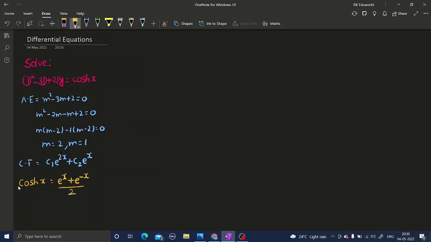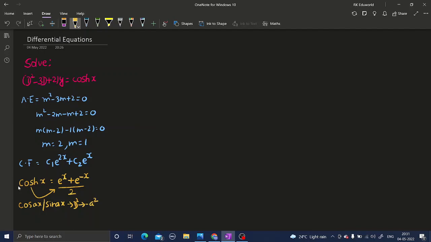There are two methods basically to solve this particular integral. First one is this: replace this hyperbolic cos of x by this thing. The second method is like we used to do for cos ax and sin ax. In cos ax or sin ax, we used to replace D square by minus of a square.